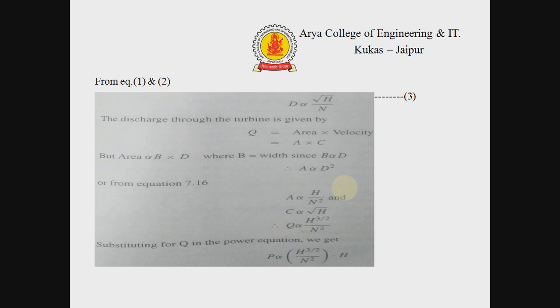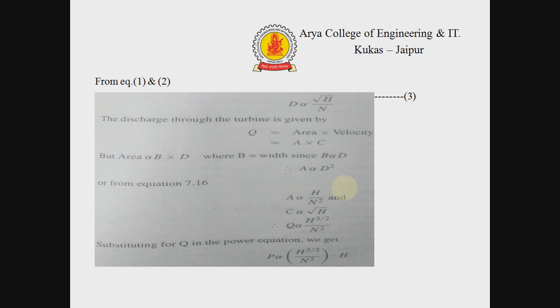B is also proportional to D, so we can say that A is proportional to D². Or from equation 3, A is proportional to H/N², and C is proportional to √H. Q is proportional to H^(3/2)/N².